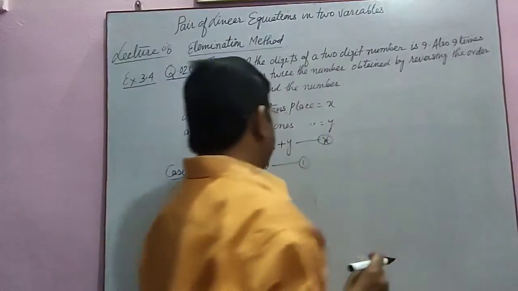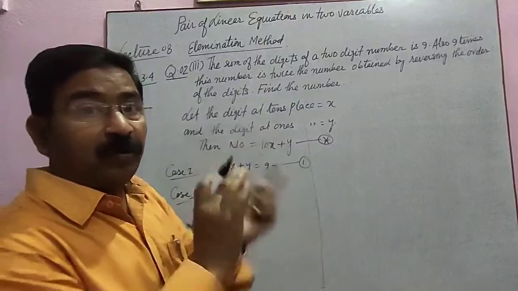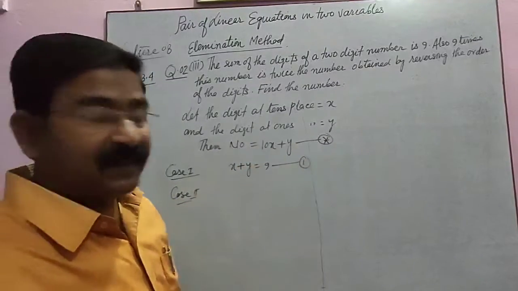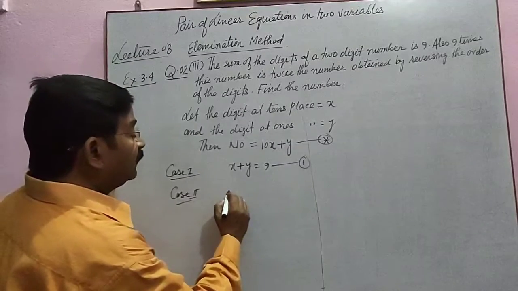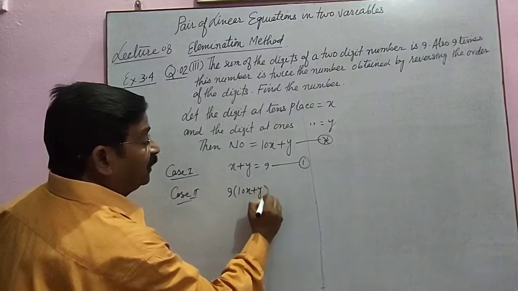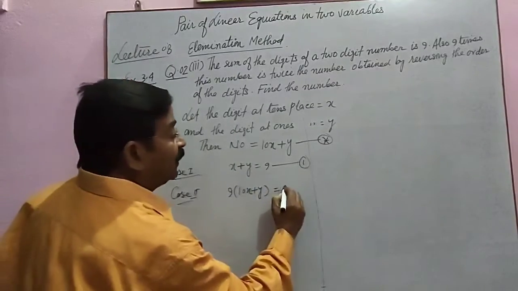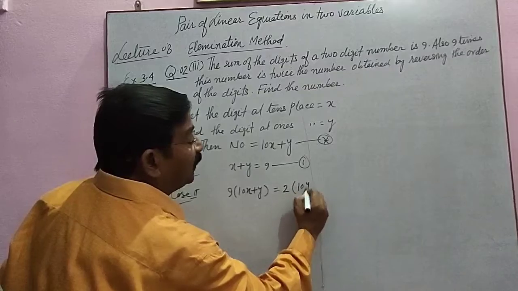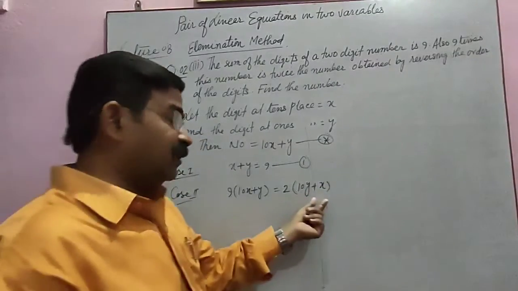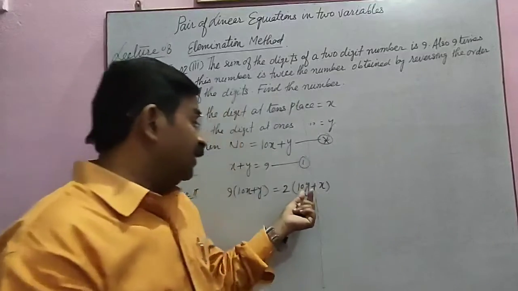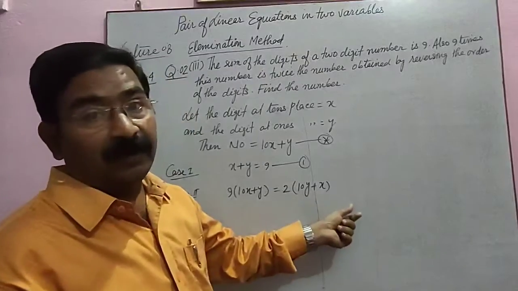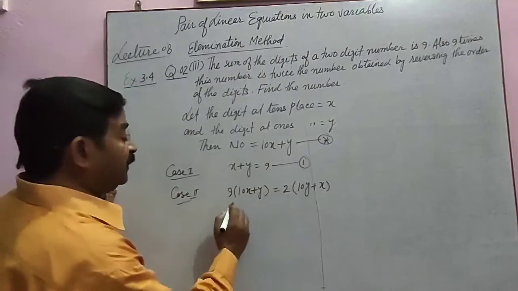Here the digits are x and y. If you reverse them, the number will be 10y plus x. So 9 times 10x plus y is twice the number obtained by reversing the digits: in place of x we write y, and in place of y we write x. Now simplify this.